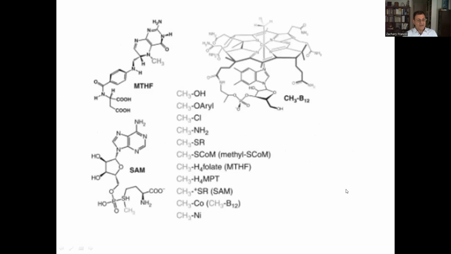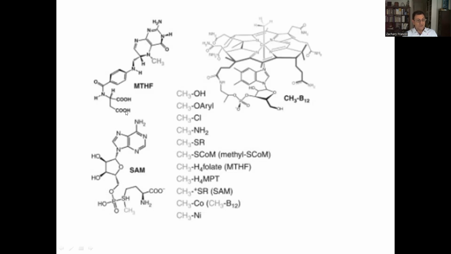And then if we go back down to the bottom left, this is methionine here. Methionine has the sulfur. It's one of two of the amino acids that has sulfur in it. And right attached to sulfur is this methyl group.